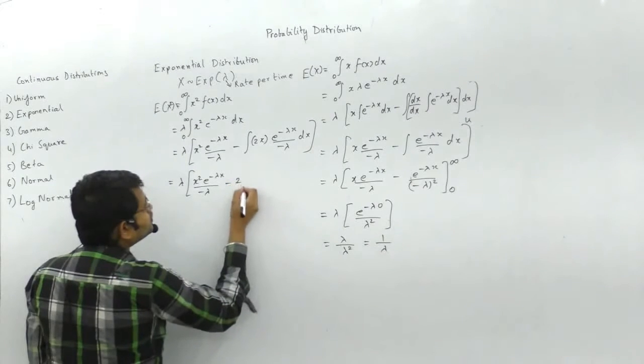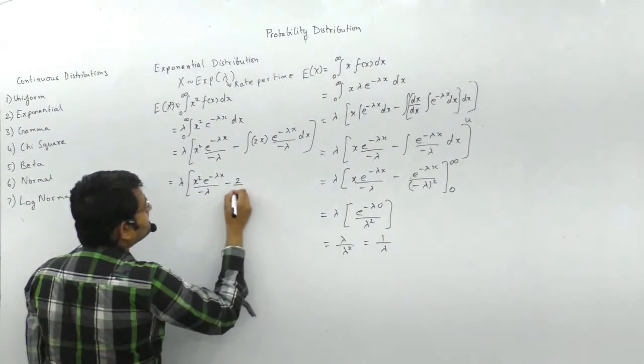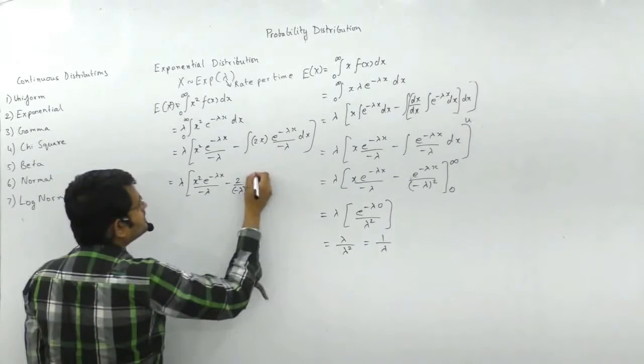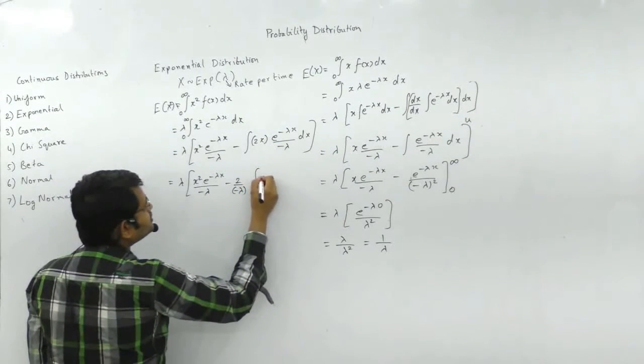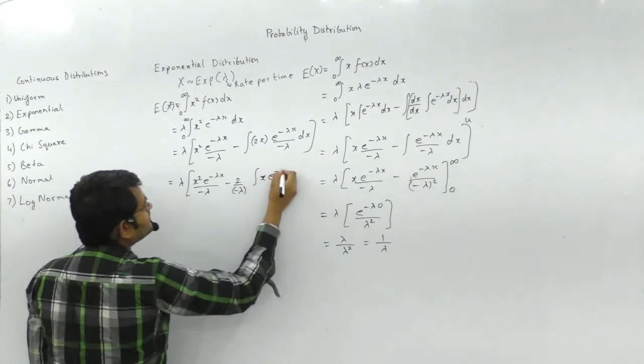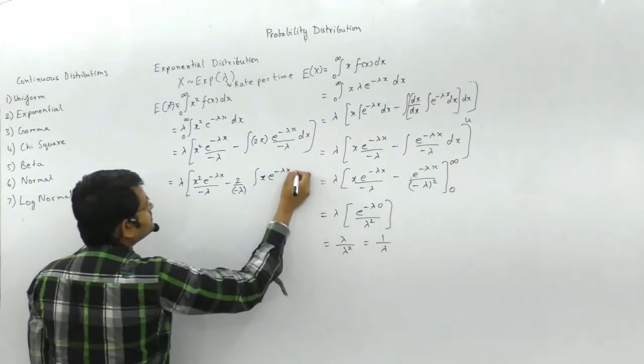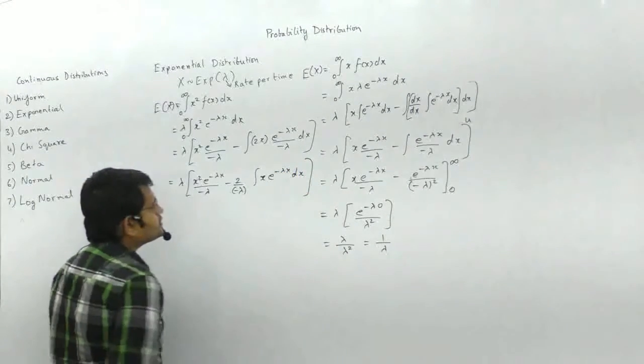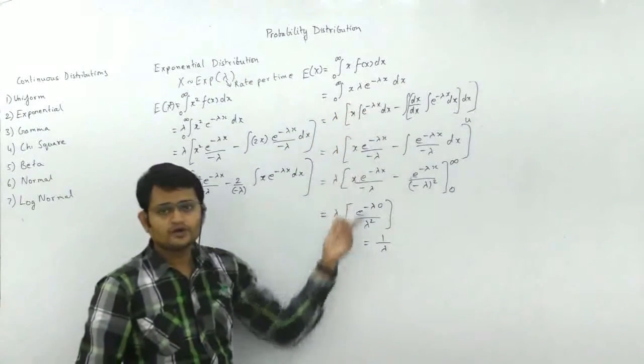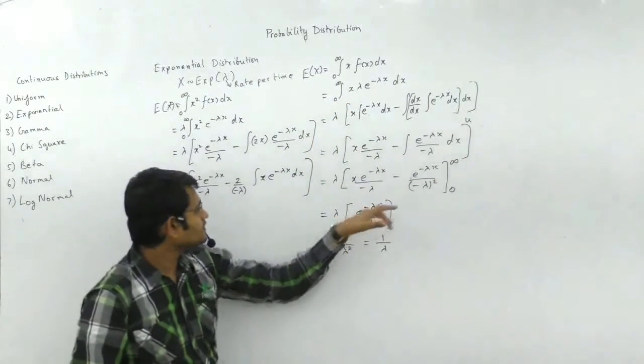We are going to get 2 upon minus lambda outside, and we get the integration of x e raised to minus lambda x dx. Now this is the term that we have already found out, so I can use this directly.